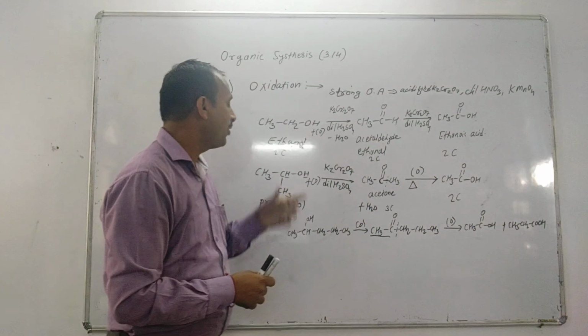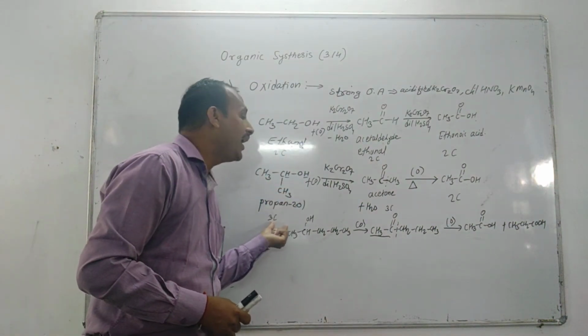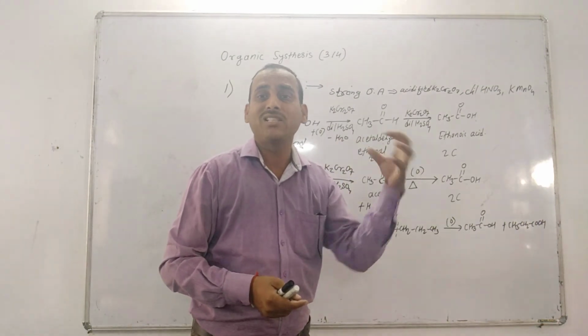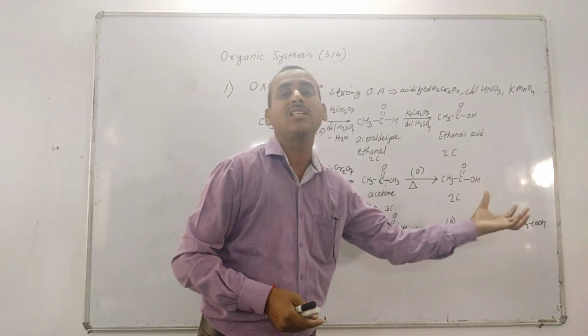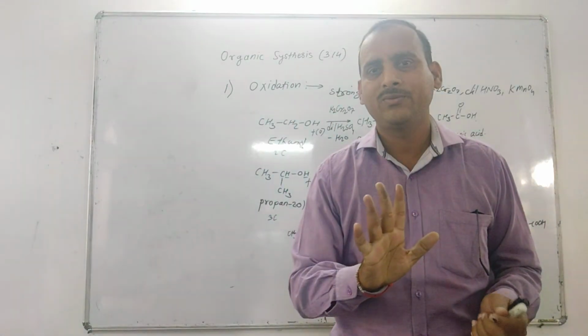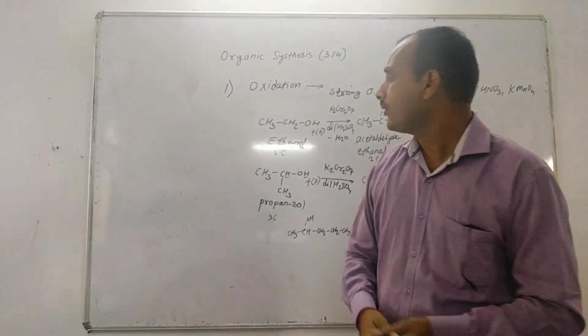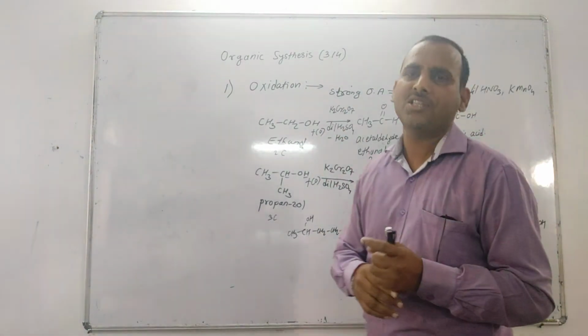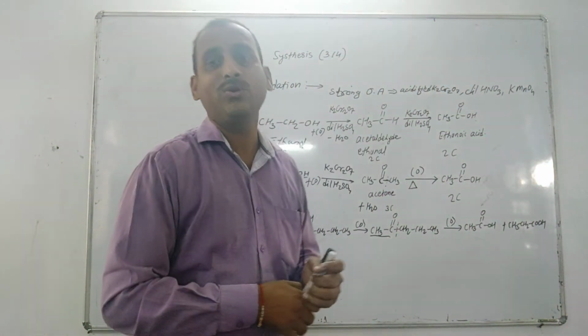If the number of carbons in the acid is less than in the alcohol, then the starting alcohol is a secondary alcohol. Okay, so this is the general simple oxidation of primary and secondary alcohol.